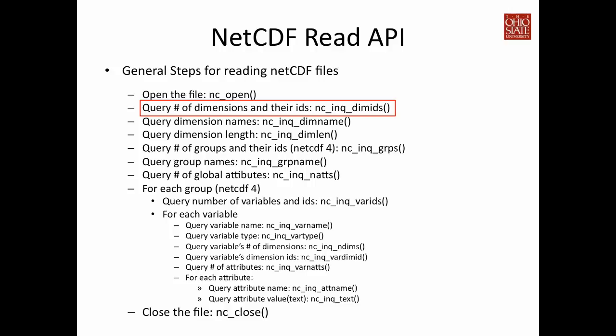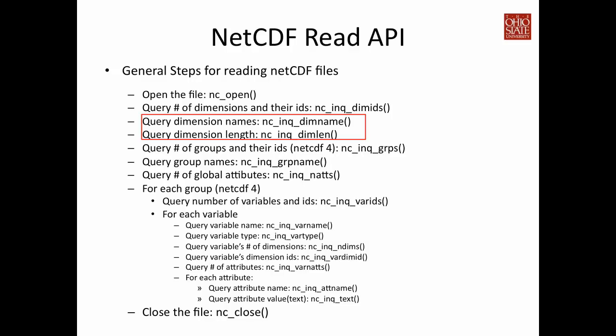So you use this nc_inq_dimids function. In NetCDF, all the query methods have the prefix inq, followed by different names depending on what information you want to query. So after you get the number of dimensions and the IDs, you can query the name and the length of each dimension.